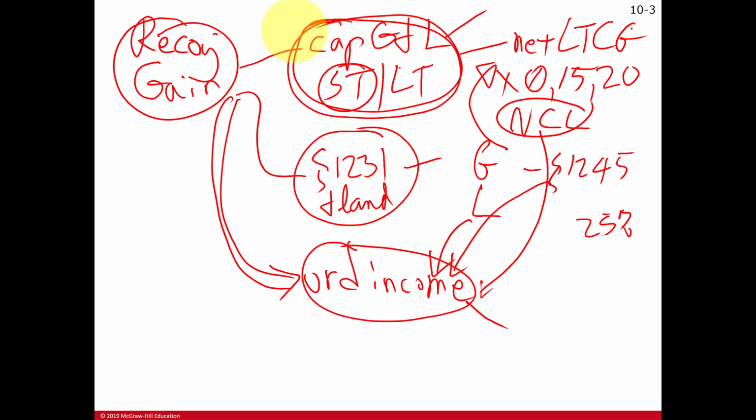Possibly the gain could be treated as an ordinary gain, ordinary income, at least part of it. And same thing if you have a gain on the sale of a partnership interest, maybe recapturing part of that gain under Section 1245 will turn that partnership gain on the disposition of the partnership interest into ordinary income.